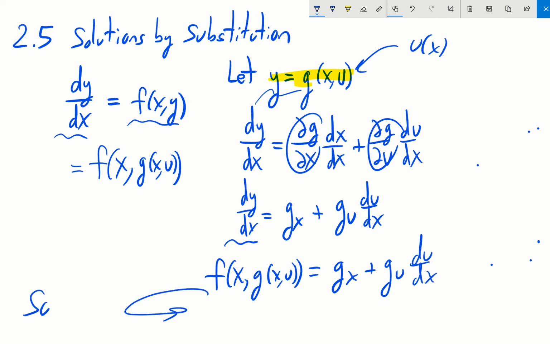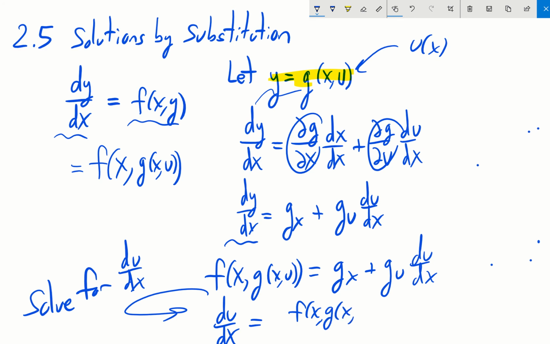Okay. We can solve this. Let's solve this equation for du dx. Du dx is going to be equal to f of x, g of x, u, minus g sub x divided by g sub u, which simply put, I want to think of as some function of x and u.